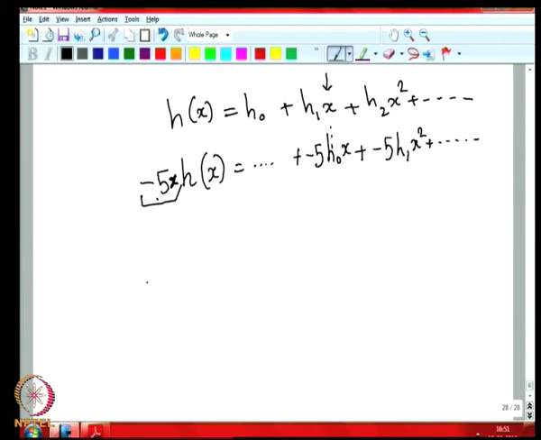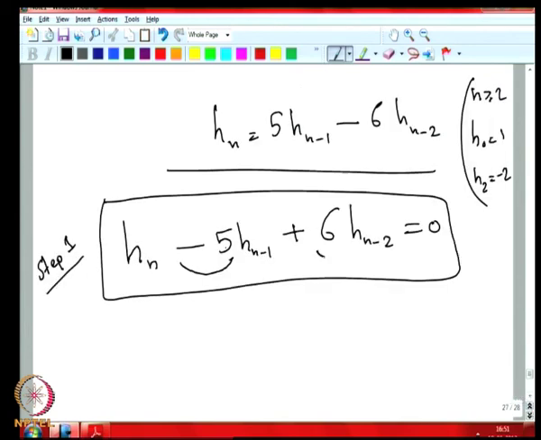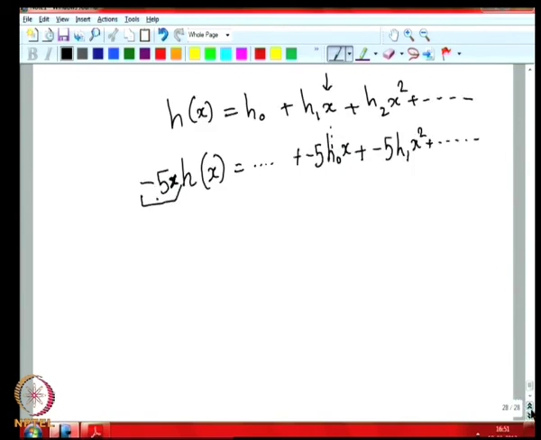Now in the next step we go back and see here it is plus 6. So we take that plus 6 and use 6x square to multiply h of x. Now what we get is h0 into 6x square plus h1 into 6x square into x, that means 6x cube, and so on. To align the power of x raised to i in the same column, below here I need the power of x square.